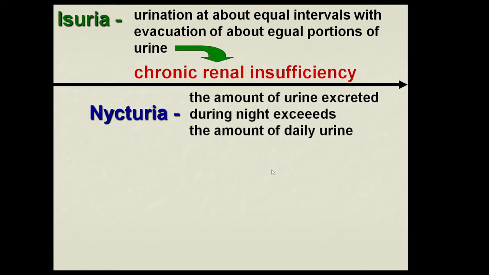Next problem is nocturia. Objectively, we are talking about nocturia when the amount of night urine exceeds the amount of daily urination, and objectively it can be assessed only with the Zimnitsky test.